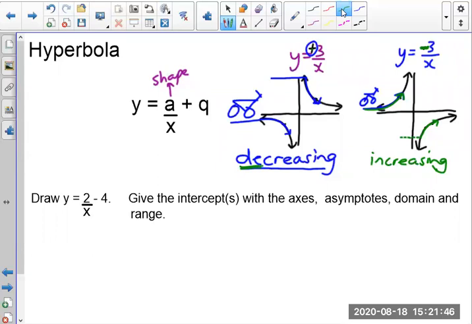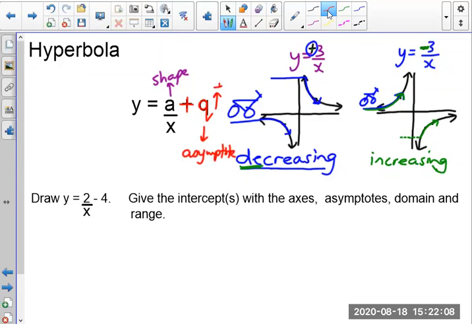Okay, now what's the meaning of the q? This q gives you the asymptote. So that means that if there's a plus, the graph moved up.